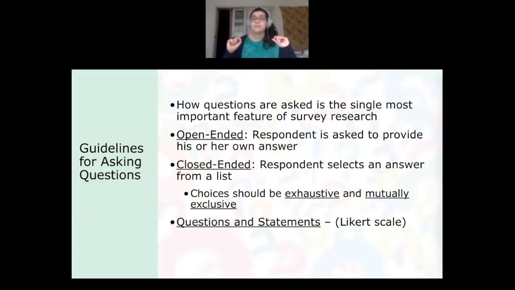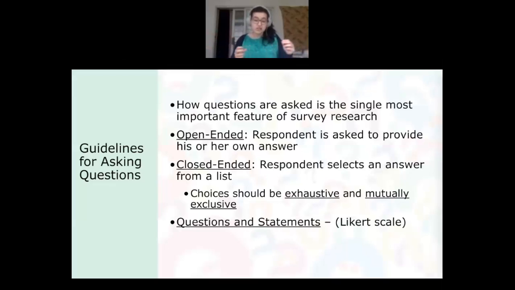This is a nice way of getting at opinions or trying to quantify behavior in a way that gets at the magnitude of things. Because there's also the very much disagree or very much agree, so you can quantify your answer in a way that gets at magnitude.